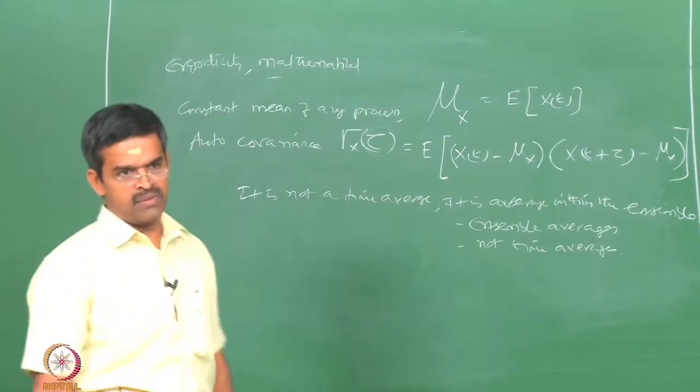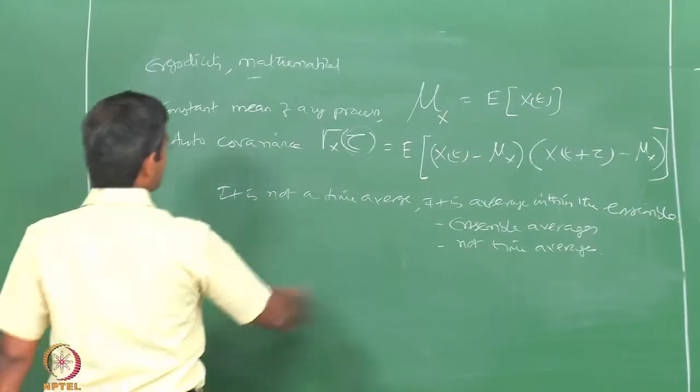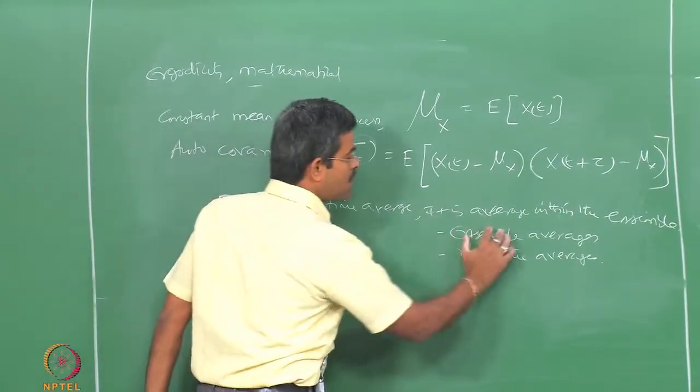So it is called a stochastic process, whereas realization is on the time average, whereas this is not on the time average, it is on the ensemble average.